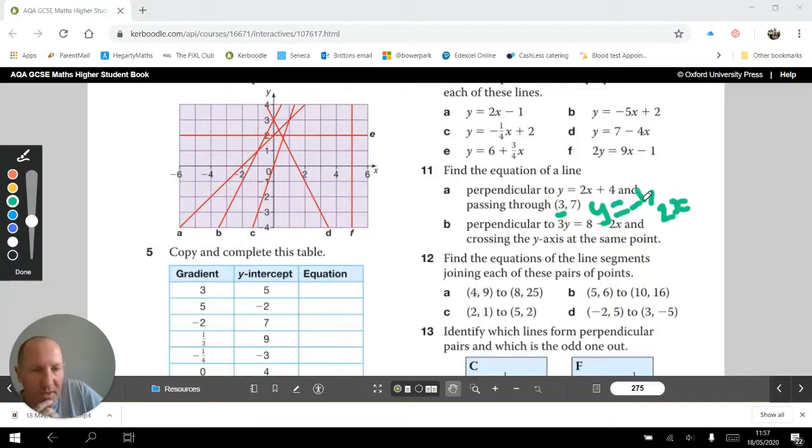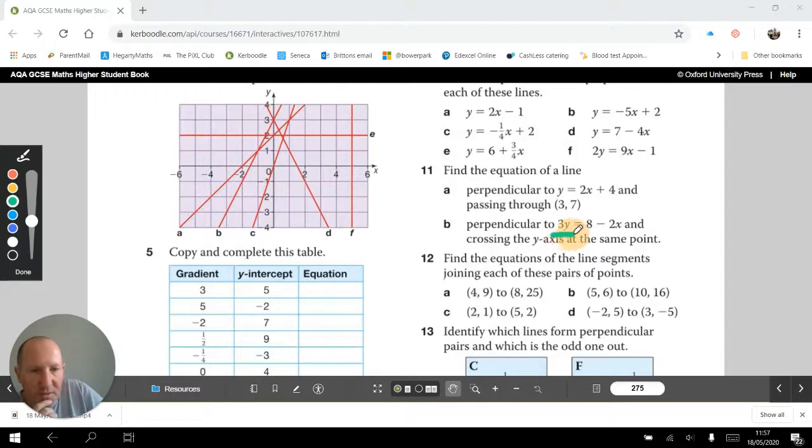So put 3 into that, I get minus 1.5. So what is the value of c that's going to make this work? When I do that times minus a half, I get minus 1.5. So I need to add on 8.5 to that to get me to the 7. So the full equation is y equals minus a half x plus 8.5, or 8.5, whichever you prefer.